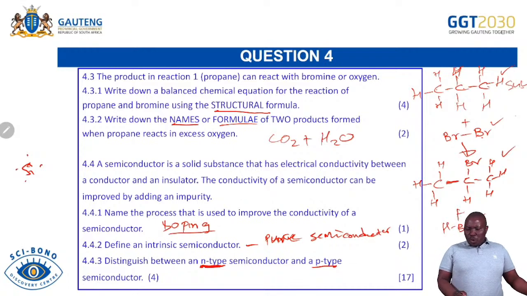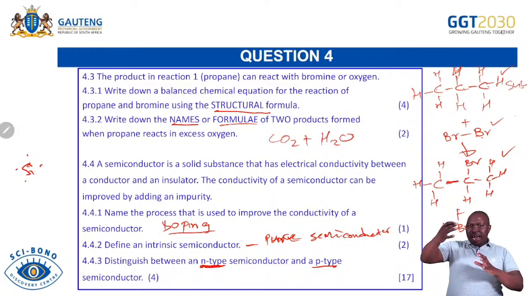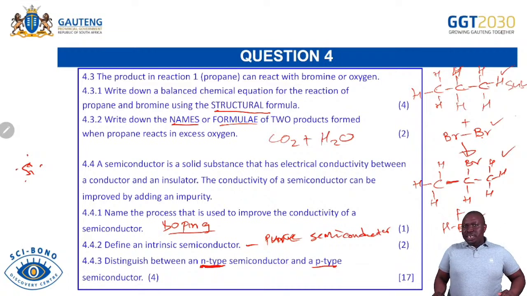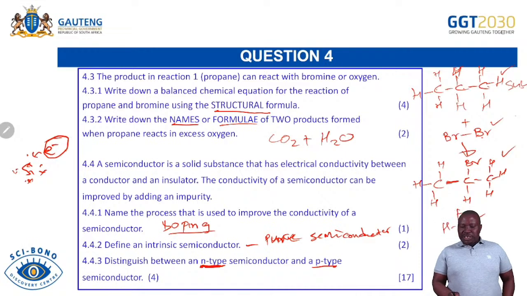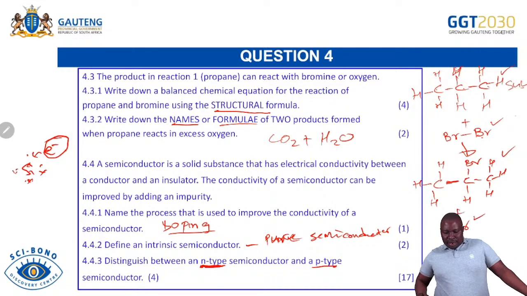So when you bring more than 4, we bring pentavalent. Penta means 5. So when you bring phosphorus, which has 5 electrons in the outermost energy level, obviously the other electrons will bond with these ones, but now we'll have an extra, excess electron, and you know electrons are negatively charged. So you are saying that the N-type is formed when we dope our pure semiconductor with a pentavalent impurity in that fashion.